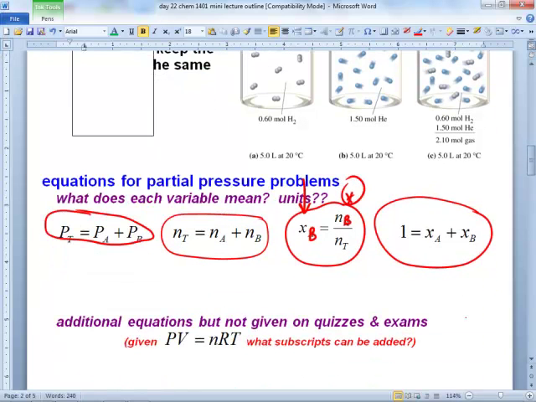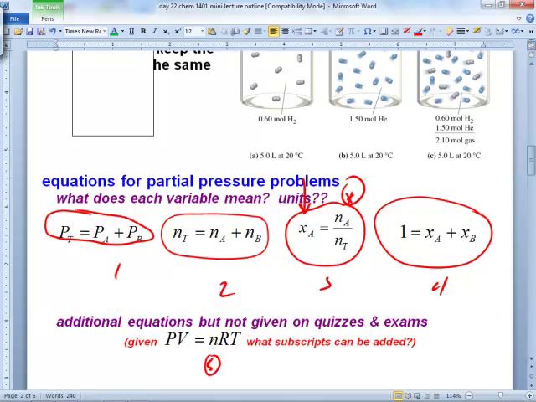Now there's one other equation we're given. We're given PV equals nRT. But notice all these equations, 1, 2, 3, 4, are at the top of the quiz. You're also given a fifth equation, PV equals nRT.